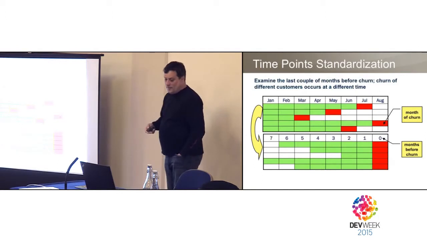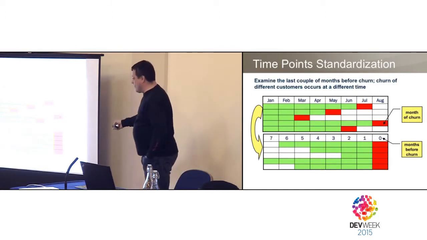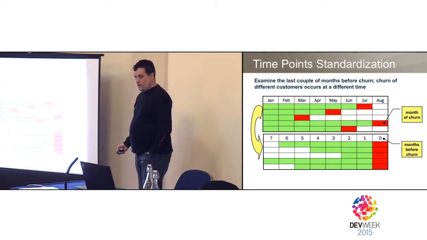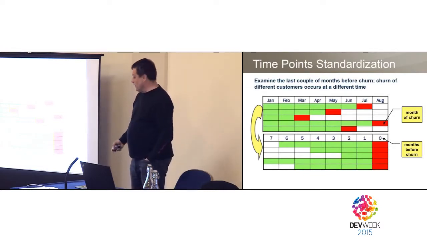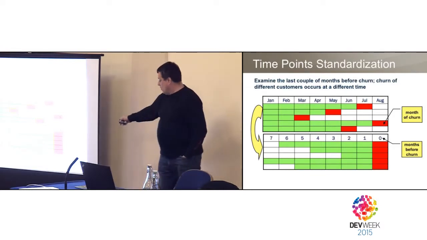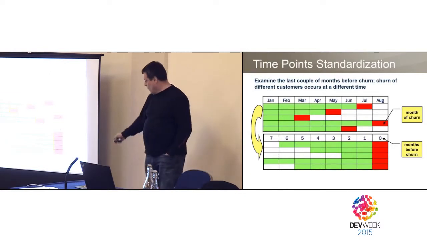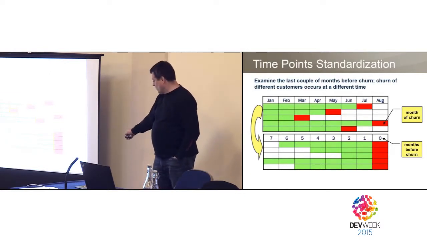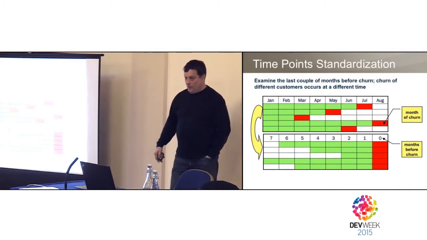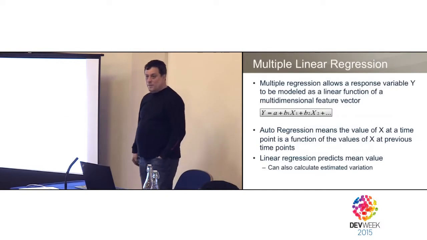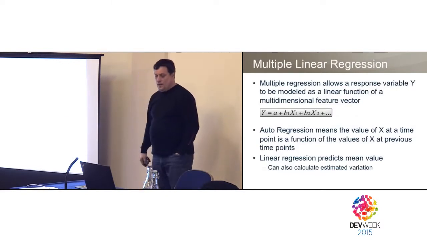So you can standardize time points to have one time point of churn. And then you measure months before churn, and now you have comparable data for all rows. So now you can try to predict. You have also other rows where this is green, so churn didn't happen. So you can try to predict this last time point variable. Is this still my customer or not?